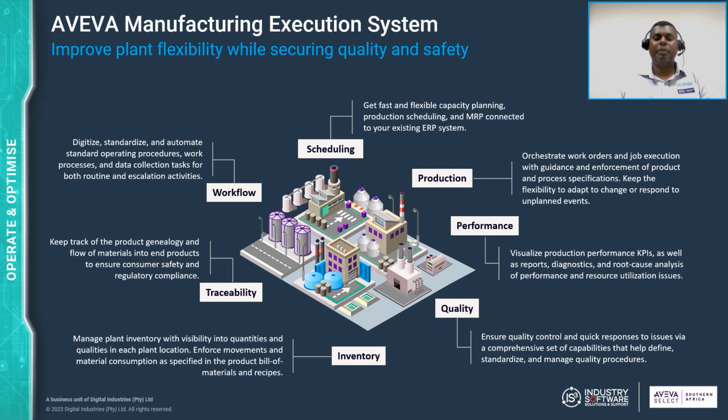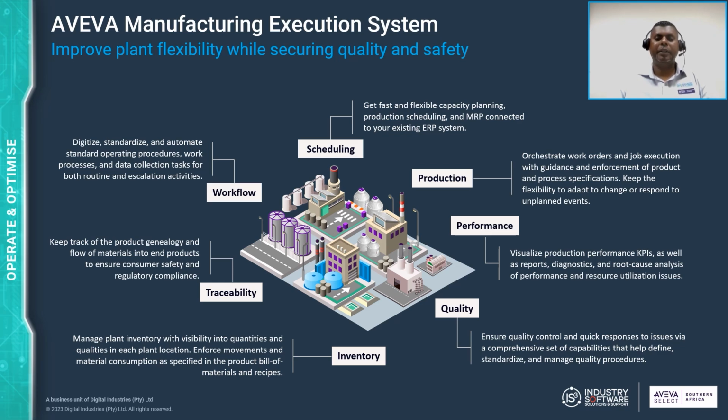We can visualize production and performance KPIs, as well as reports, diagnostics, and root cause analysis of performance and resource utilization issues. Ensure quality control and quick responses to issues via a comprehensive set of capabilities that help define, standardize, and manage quality procedures.